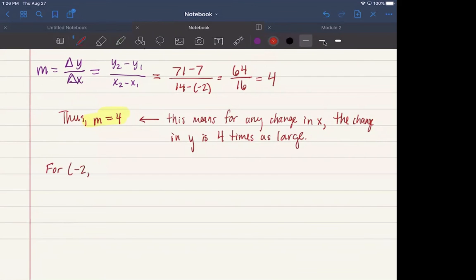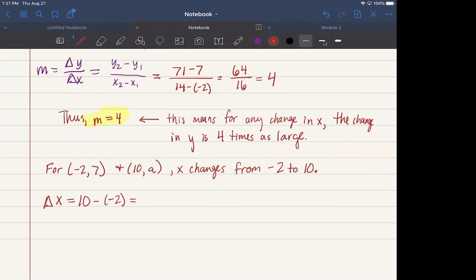Now, let me scroll back down and I'm going to write this information, okay? So like I said, so for -2, 7 and 10, a, x changes from -2 to 10. So that means that delta x equals 10 minus -2.